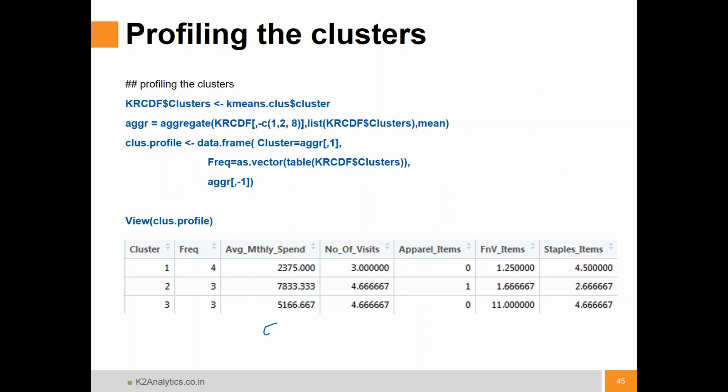The spend of the new customer is 6,000. Visits is 3 times in a month. There is no apparel purchase, and FNV items is 5. Staples is 3. Where does that customer go?